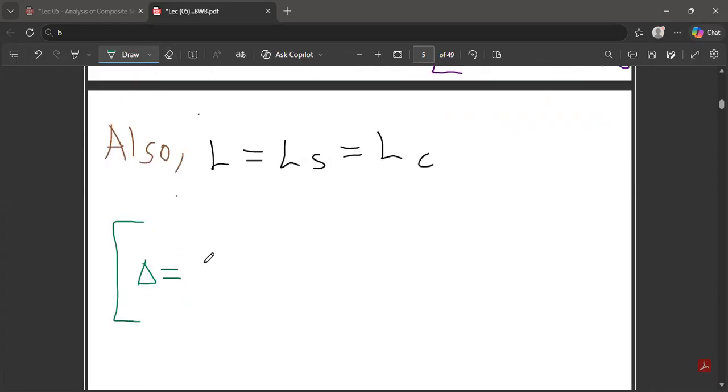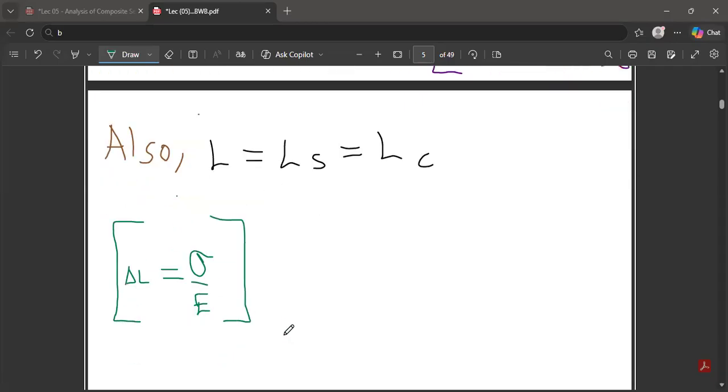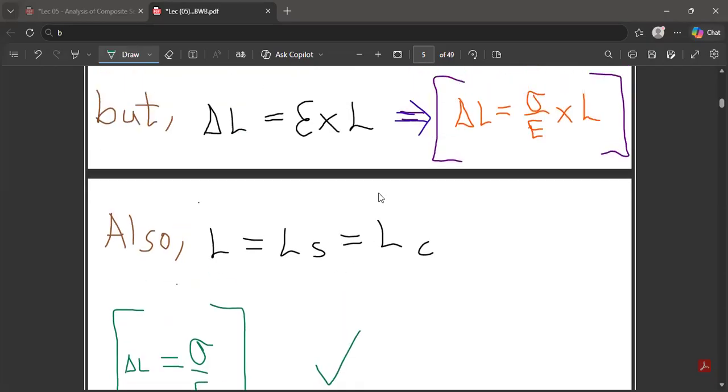The formula we are going to use is stress over elasticity, because the lengths are the same.